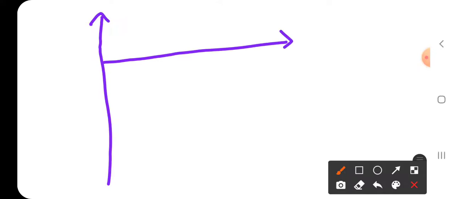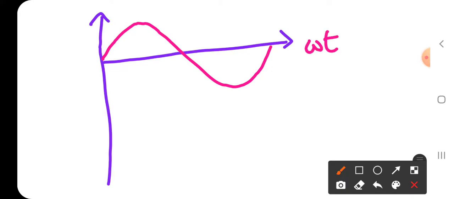In the previous class where we stopped, we got the output voltage and output current waveforms. This is the input voltage waveform, x-axis omega t and y-axis VLN, that is Vm sin omega t.